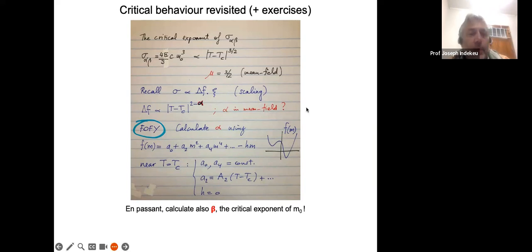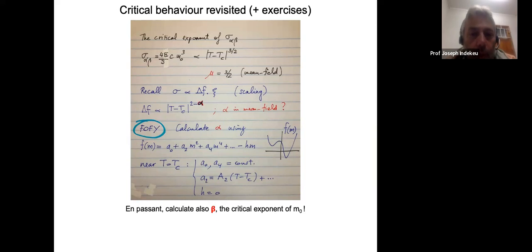And we can calculate that exponent. This is something that I would give as homework. So find out for yourselves. Calculate this alpha using a simple Taylor series expansion, or Landau type of expansion, of the free energy per unit volume, close to criticality, so for small values of m.